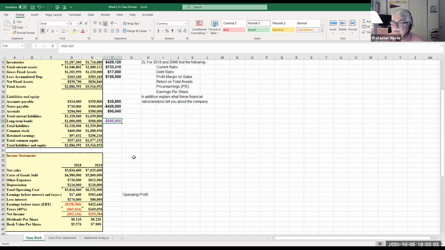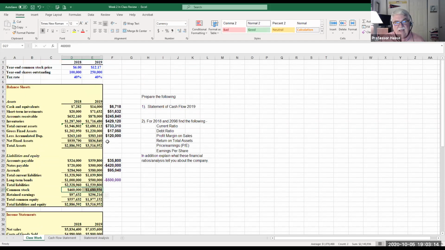Let's look at liabilities. Common stock. Looks like we sold and issued more stock this year. And we know that up here. We sold and issued 150,000 more shares of stock. That's a pretty good difference. Let's try it again.